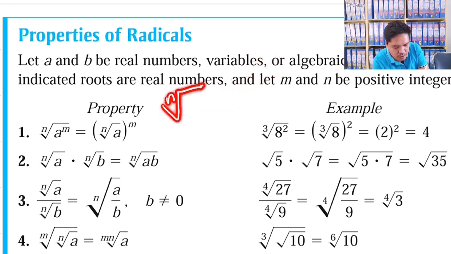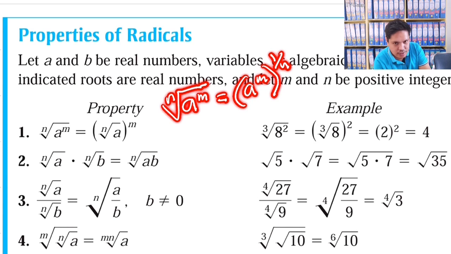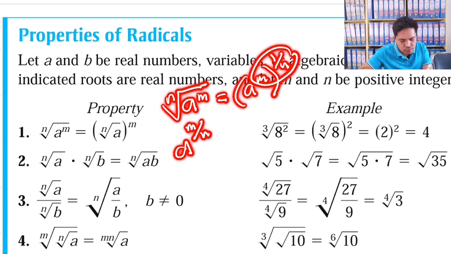The nth root of a raised to m is the same as a raised to m, raised to 1 over n. Okay? Kasi root siya, so that's 1 over n. Nth root, so 1 over n. Then properties of exponents, you multiply this. So a raised to m over n.